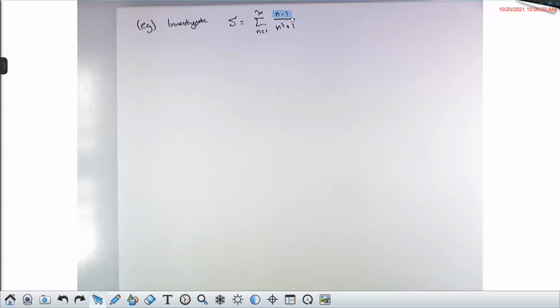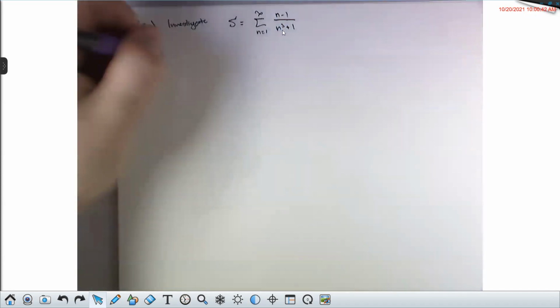Between the n and the -1, it's the n that really dominates. What's the most significant term in the denominator? Yeah, n cubed.